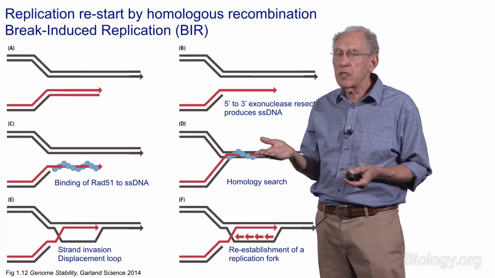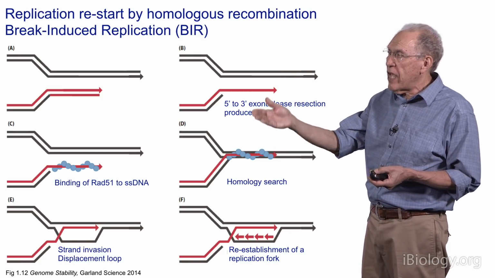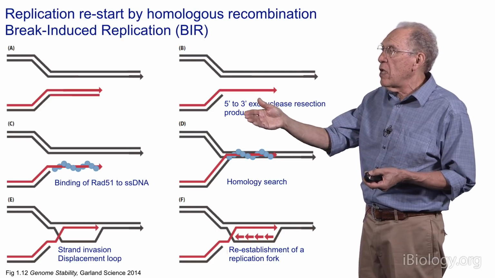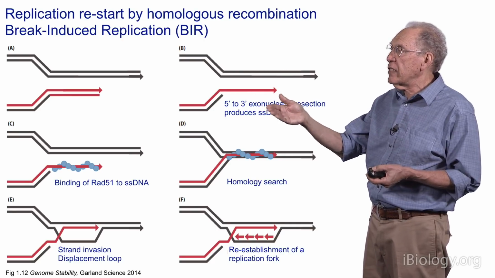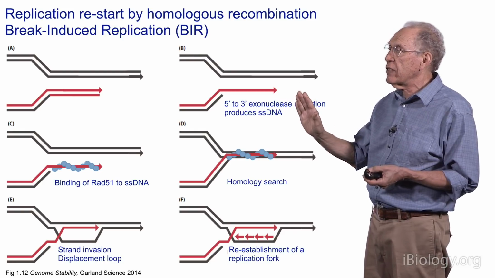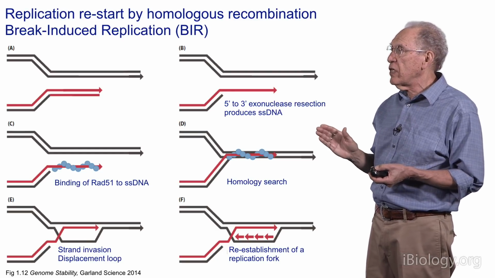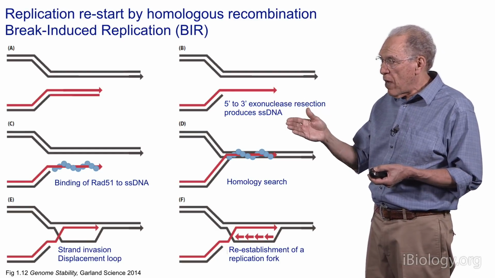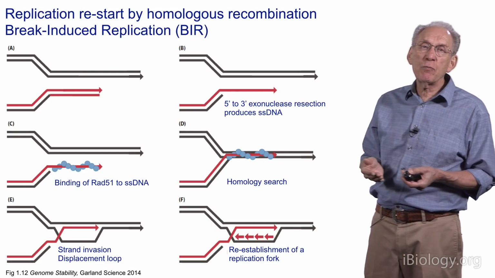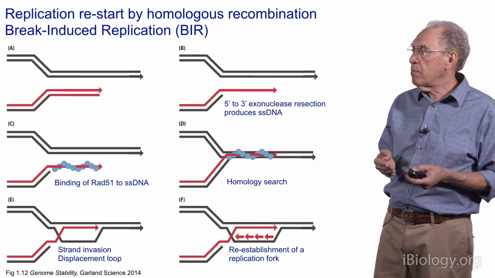And the steps in this that I want to go through are illustrated here. So first we have a broken replication fork, as illustrated on the top left. The next thing that happens to this end is that enzymes, exonucleases, chew away one of the two strands of the DNA, leaving long 3'-ended single strands of DNA. And those 3'-ended strands of single-stranded DNA are then bound by a recombination protein called Rad51 in eukaryotes and RecA in bacteria.